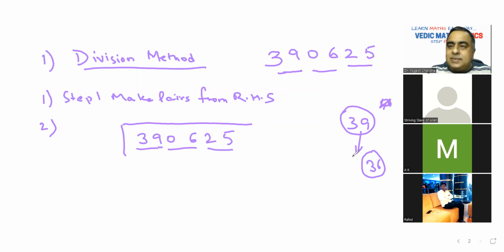So that means we have to find the square root of 36. Now this is your quotient, this is your divisor. 6 into 6 is 36.